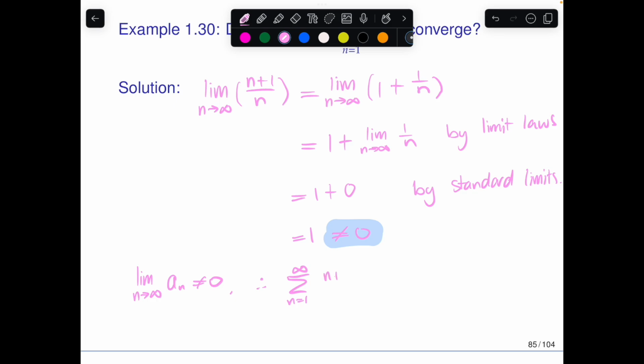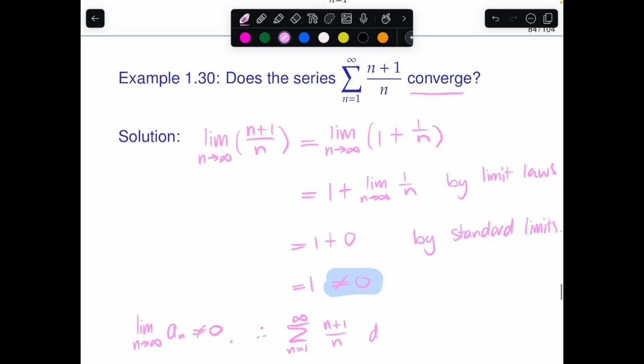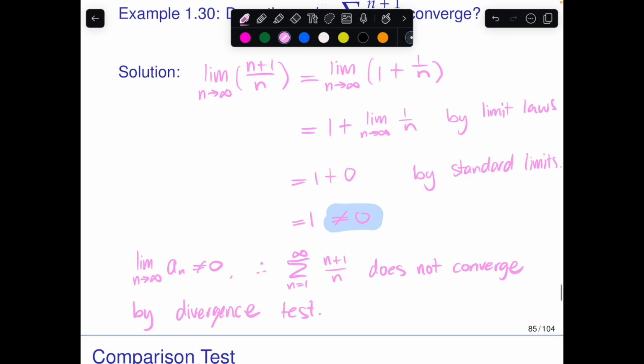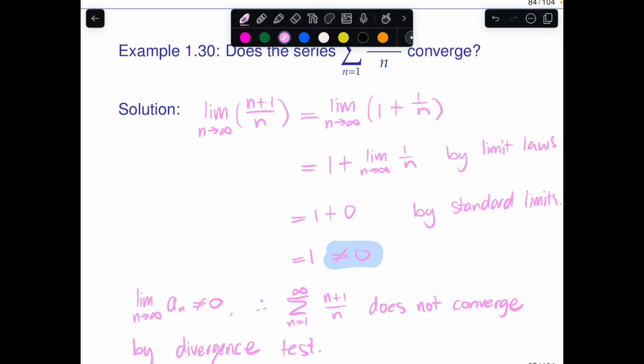n plus 1 over n. Actually, gotta be careful with wording here. It asks if it converges. So instead of saying it diverges, we just say it does not. And then specify that you figured it out by divergence test.